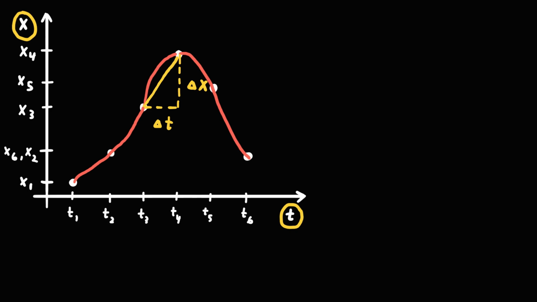And we know that the slope of that hypotenuse, that line connecting points 3 and 4, would be equal to the rise, the amount of vertical rise between those 2 points, divided by the run, the amount of horizontal run between those 2 points. And in this case, because we're looking at a graph of position versus time, the rise is represented by delta x, and the run is represented by delta t.